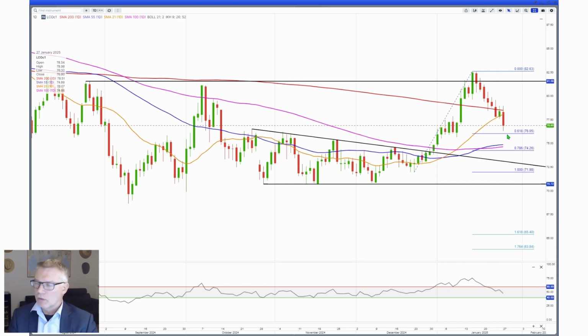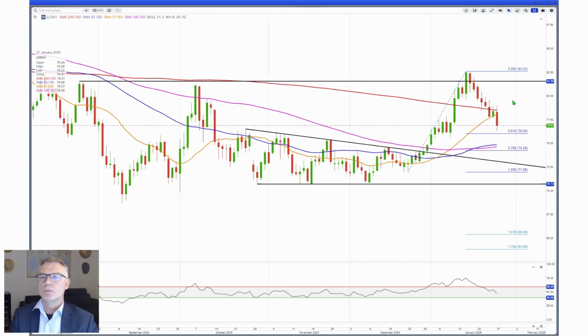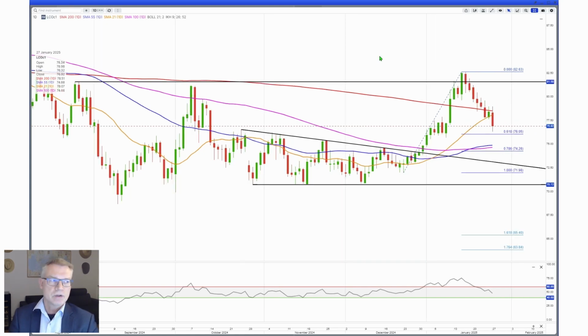That's usually what we see, a correction to around 61.8%, and that's around $76. And I think we could see some bouncing from that level. RSI is still in positive sentiment, but if it does close below the 40 threshold, we are back in negative territory, and then I don't think we'll see Brent crude moving higher. So the next couple of days could be decisive.